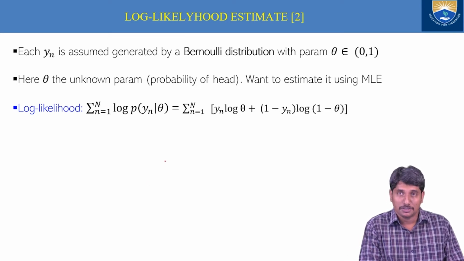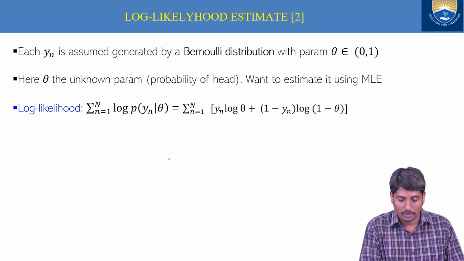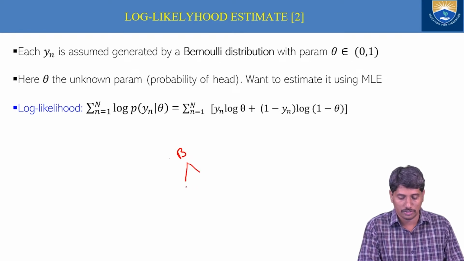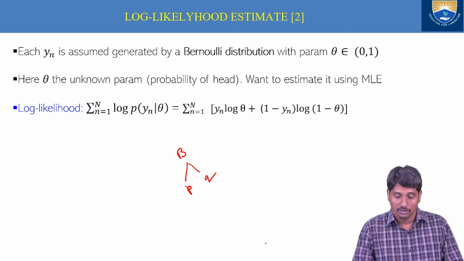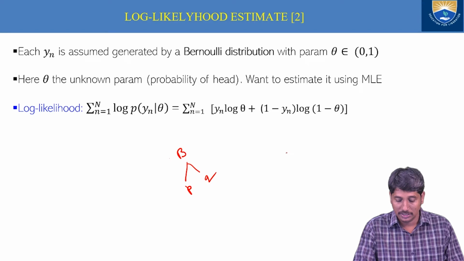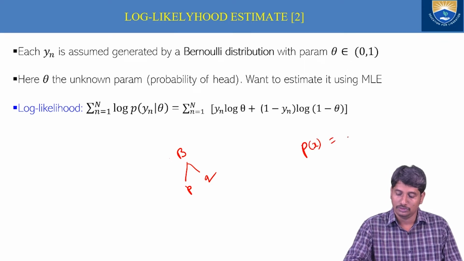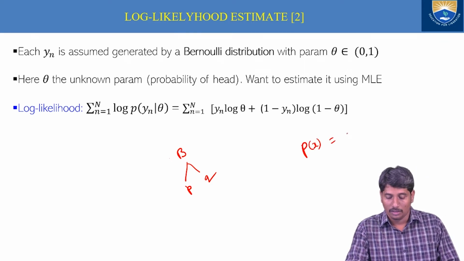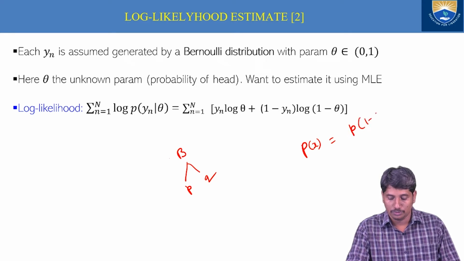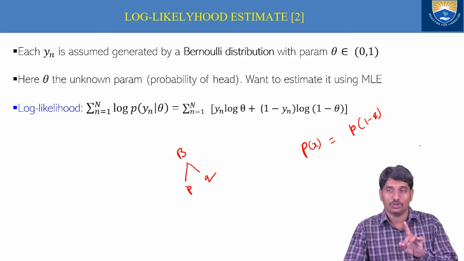Bernoulli distribution means it's a trial where there are only two possible outcomes, namely success or failure. Then the function will be defined as p of x equal to p power x into q power 1 minus x, for one trial, because only one trial is there.